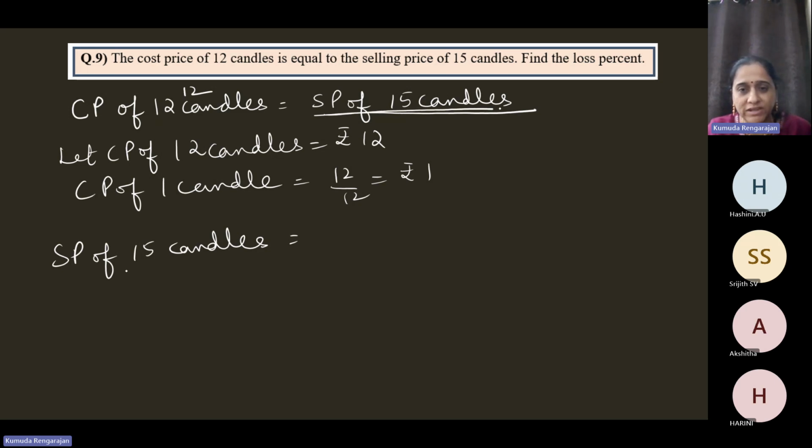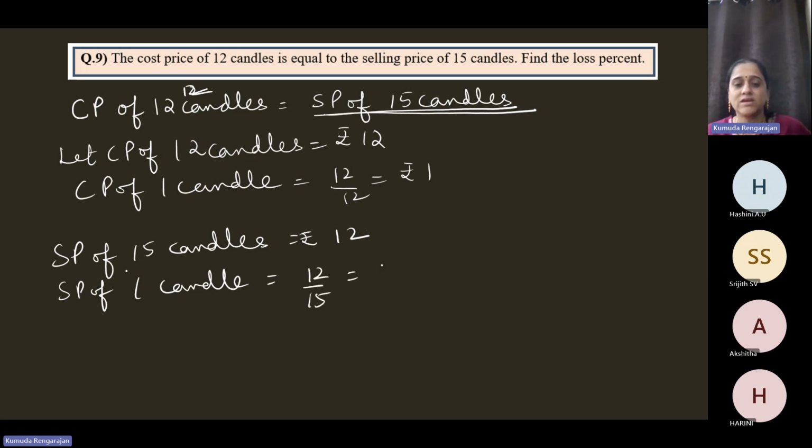So SP of 15 candles is equal to CP of 12 candles, which is 12 rupees. So SP of one candle will be 12 by 15, not 15 by 12. 12 by 15, which is 4 by 5.